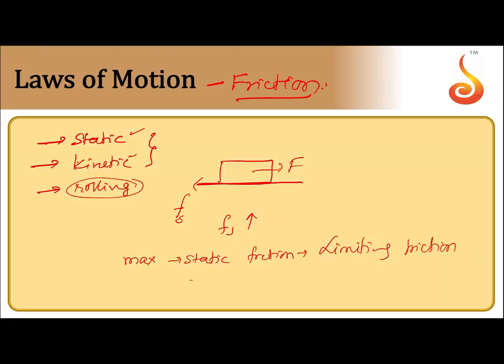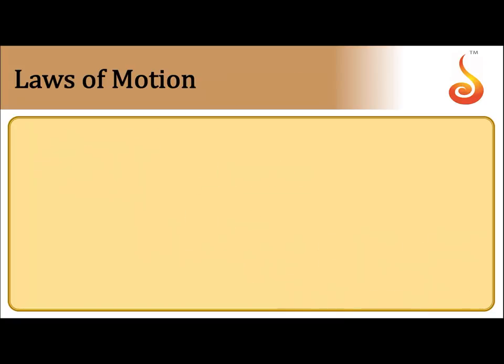This limiting friction, which is represented by F limiting, can be shown to be equal to mu n. Limiting friction is equal to mu n, and this mu, the coefficient of static friction, is an indicator of the extent of roughness between the surfaces. So we can write the coefficient of static friction as limiting friction divided by normal reaction.